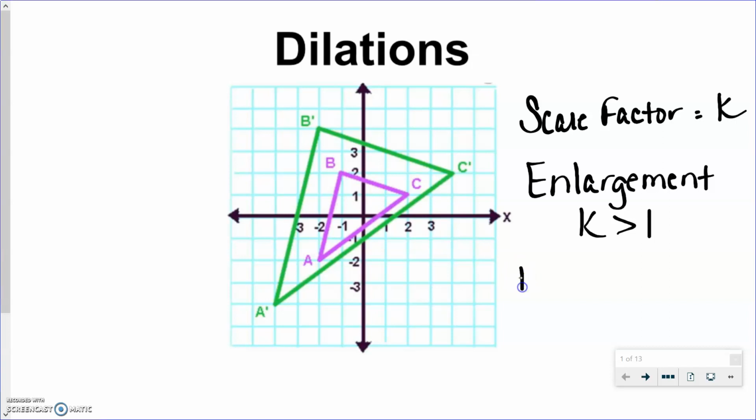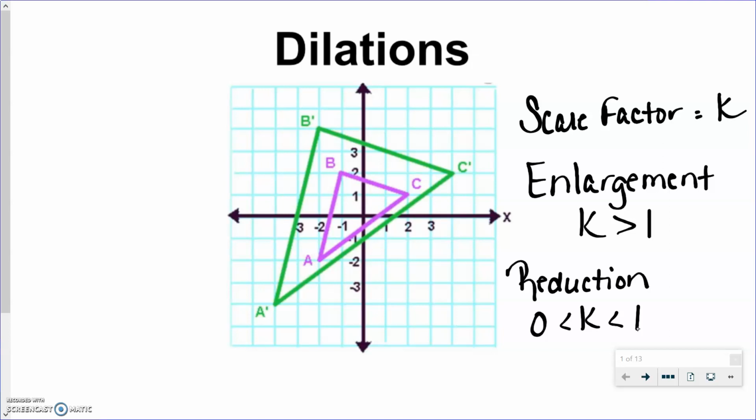When you have a reduction, your scale factor is greater than 0. Okay? It's greater than 0, but smaller than 1. So that means your scale factor essentially is a fraction. So it's between 0 and 1.